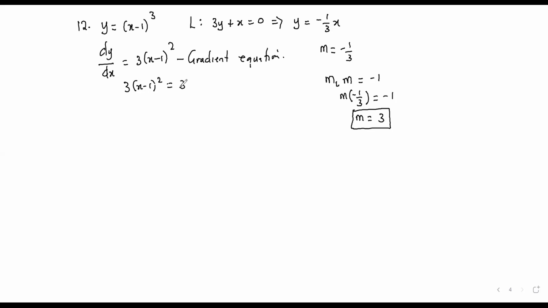So now we solve. We divide by 3, so that (x minus 1) squared equals 1. So here we can take the root so that we get x minus 1 equal to plus or minus 1. And so we are going to have x minus 1 equal to 1, or x minus 1 equal to minus 1.